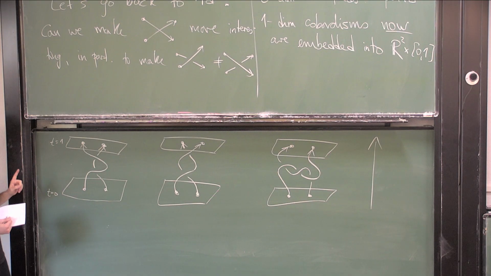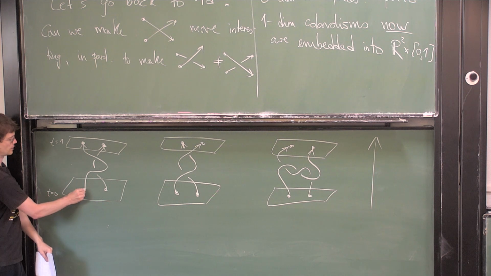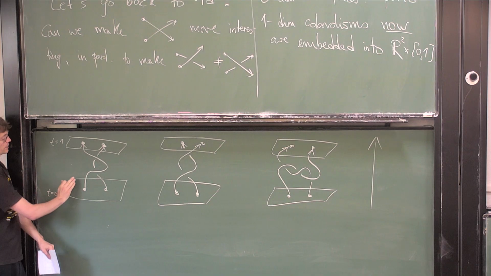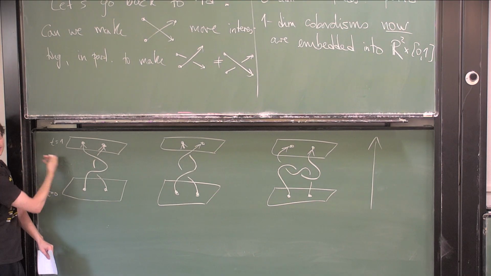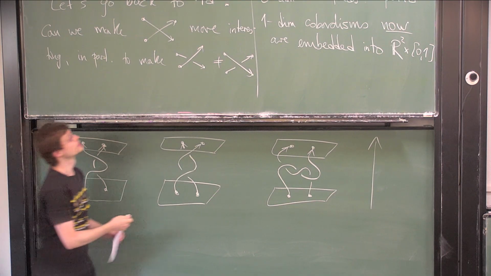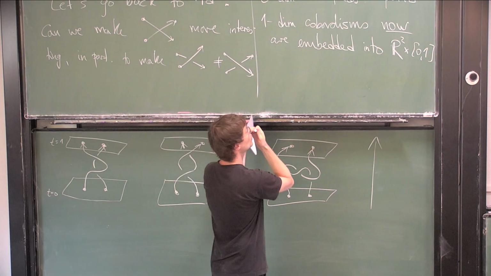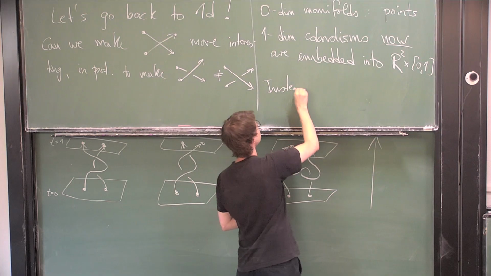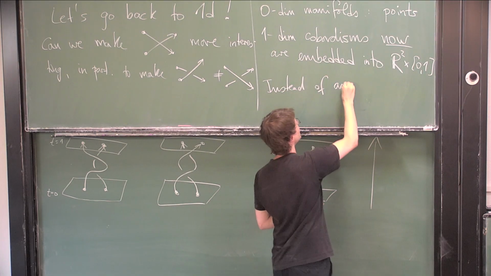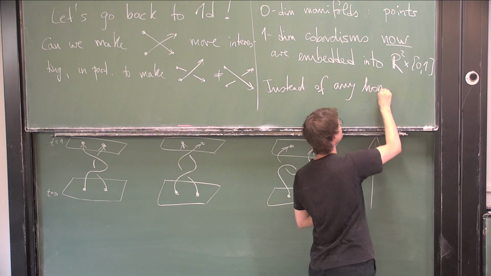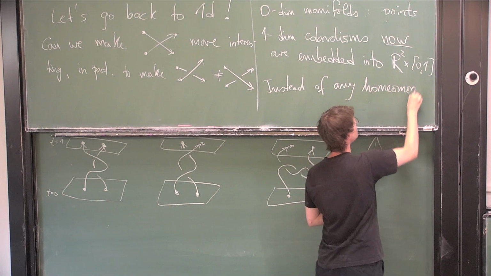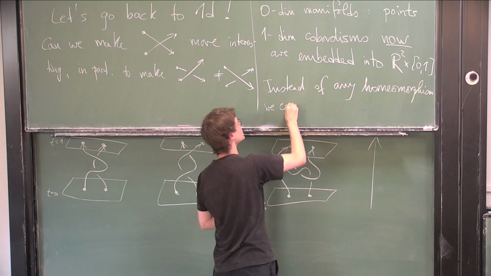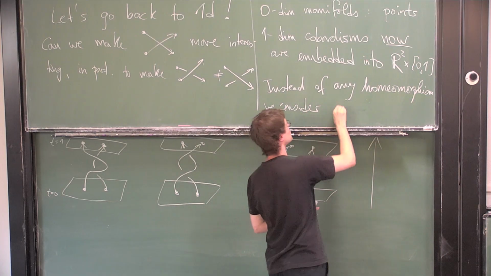Now we will change this a little bit. We want to ask that not any homeomorphism works. We want to take into account that we live in some ambient space. So we would consider now cobordisms, instead of any homeomorphism, we consider what is called an isotopy.